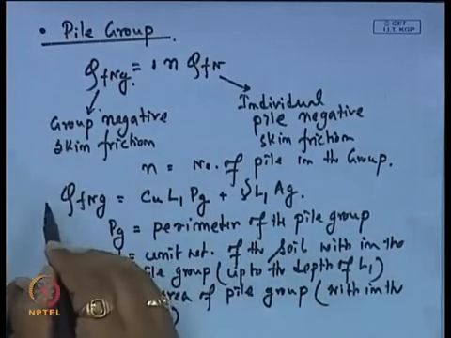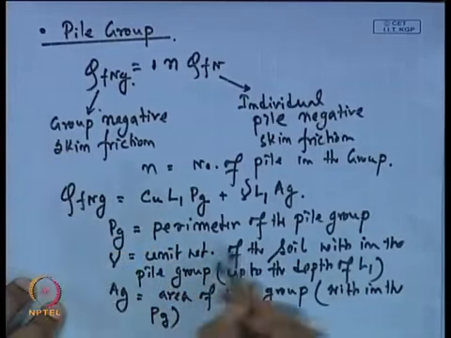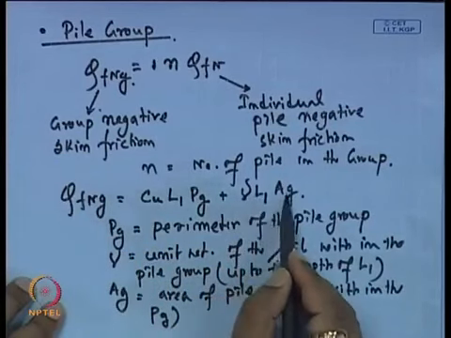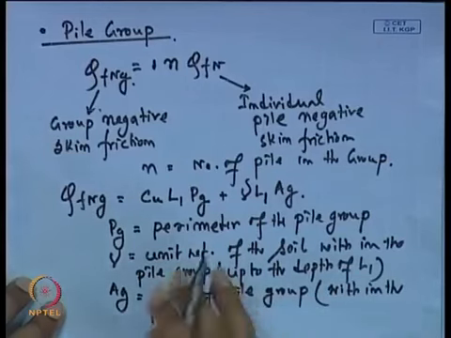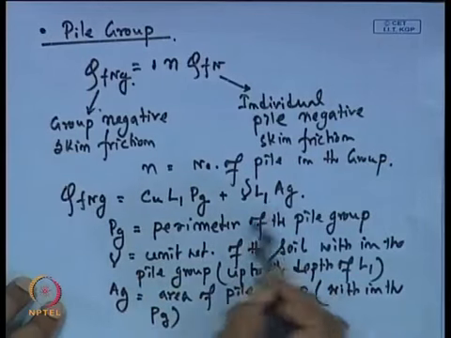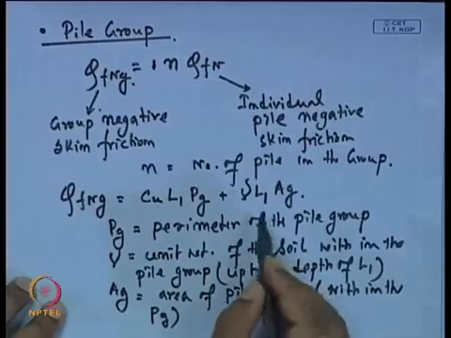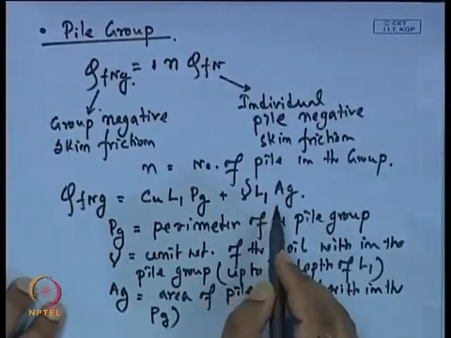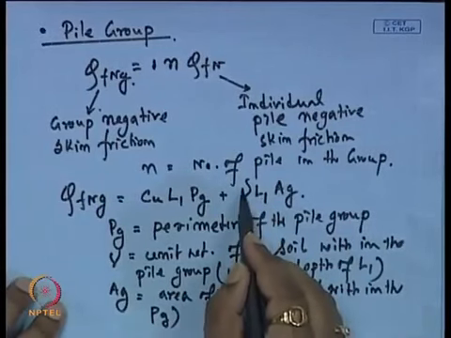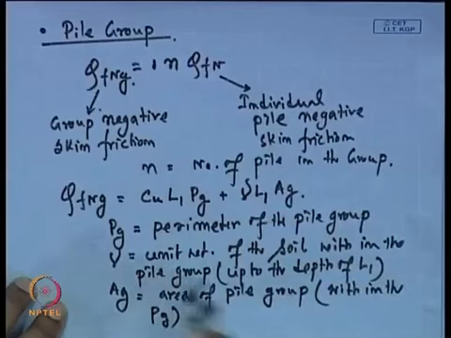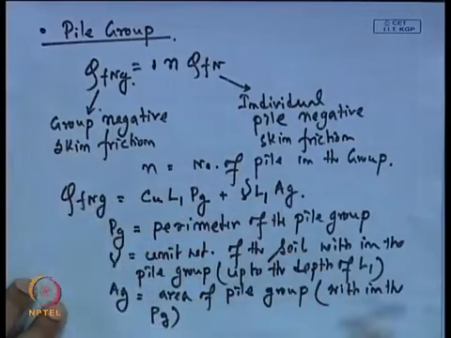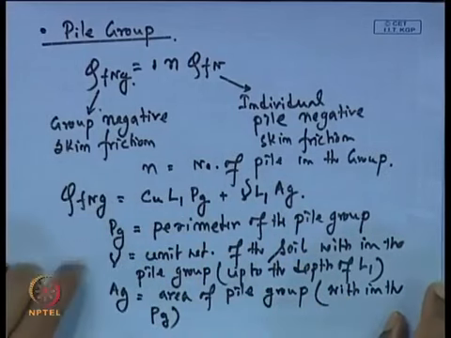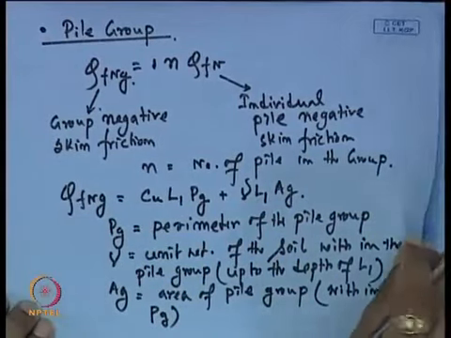And Ag is the area of the pile group within the perimeter Pg, L1 is the length of the compressible layer, and gamma is the unit weight of the soil within the pile group. So, this will give us the negative skin friction of the pile in group.